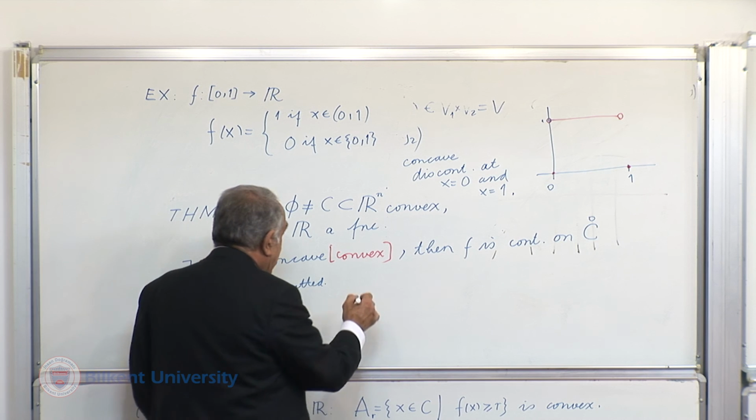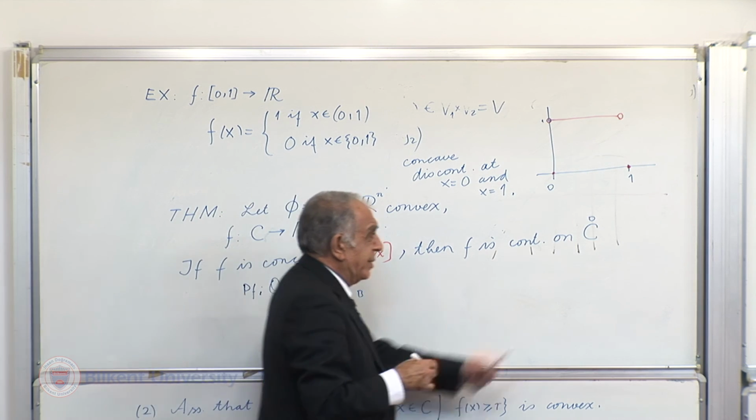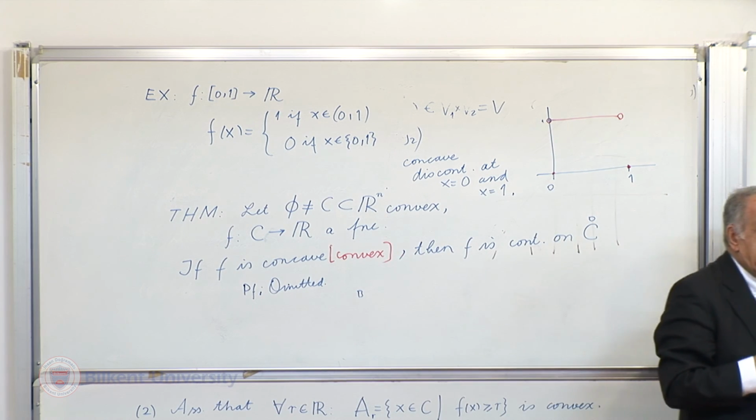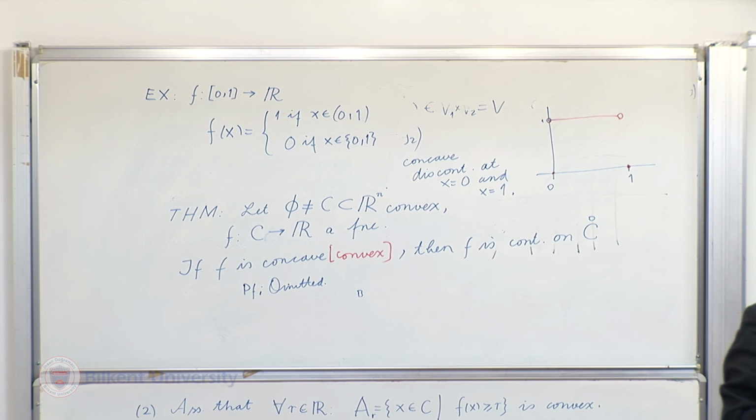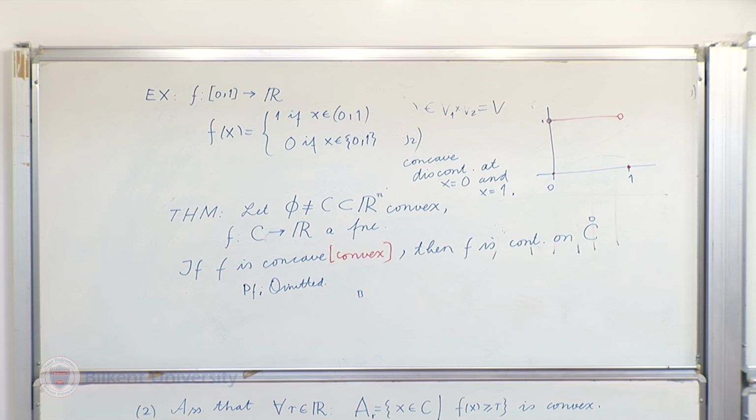Now that takes us to the third characterization of concavity and convexity. Now that was what?